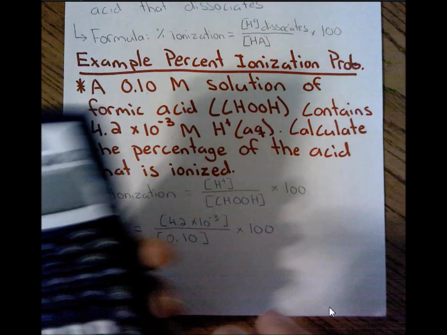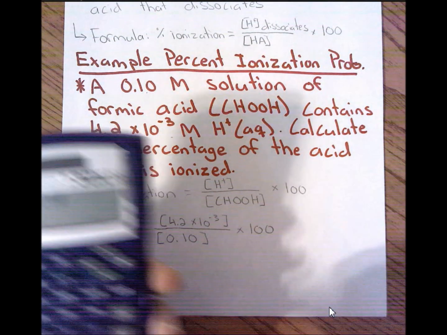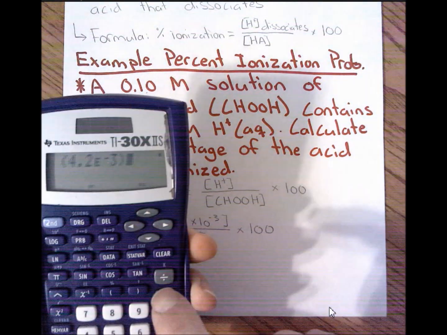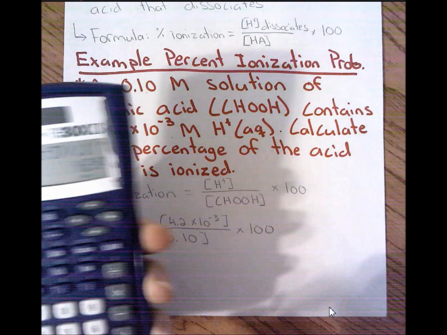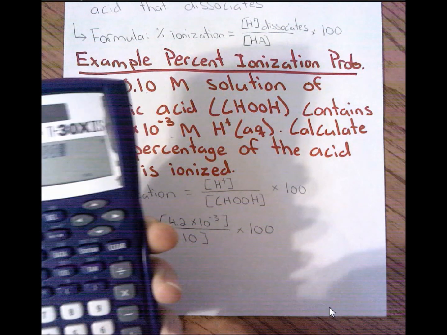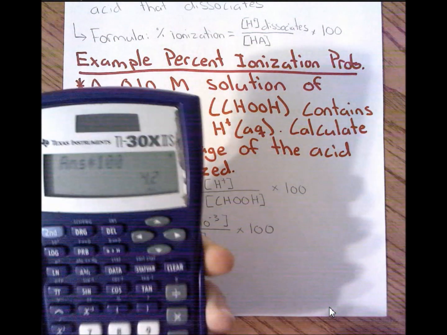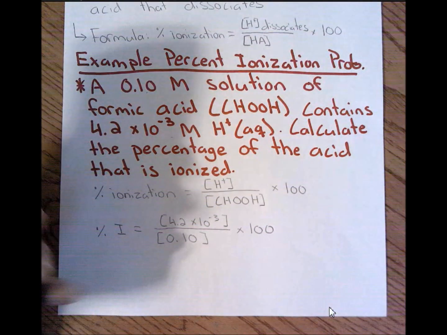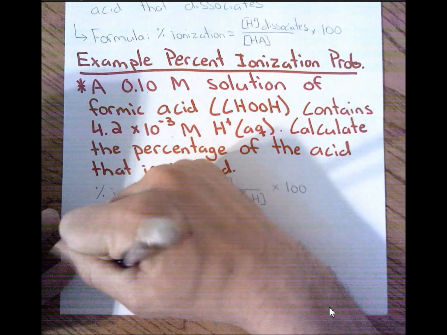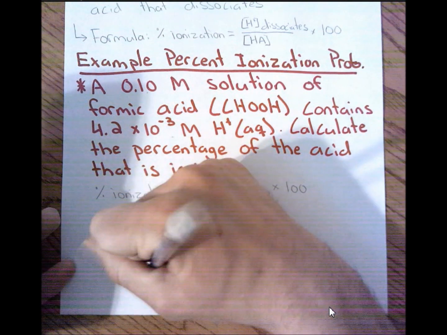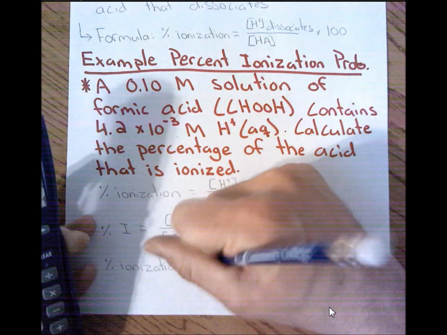We press enter, and we have to remember to multiply by 100. Now, I'm going to take it out of scientific notation there, and our answer gives us 4.2. So our percent ionization for this particular problem is 4.2% ionized.